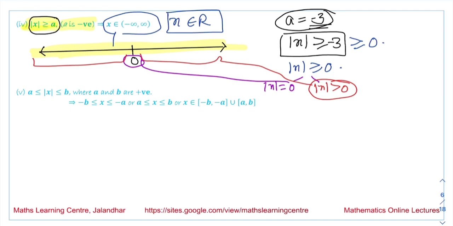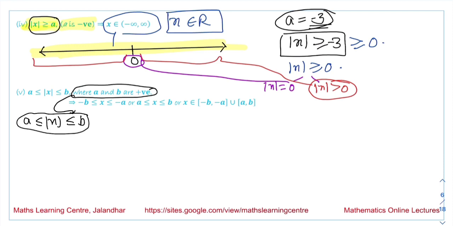Next is a is less than equal to mod x is less than equal to b, where a and b are positive numbers. It means we are talking about all those real numbers x whose distance from the origin is between the two numbers a and b.